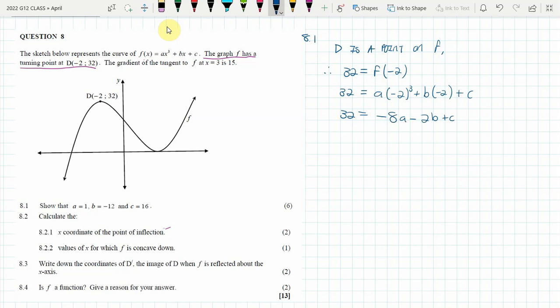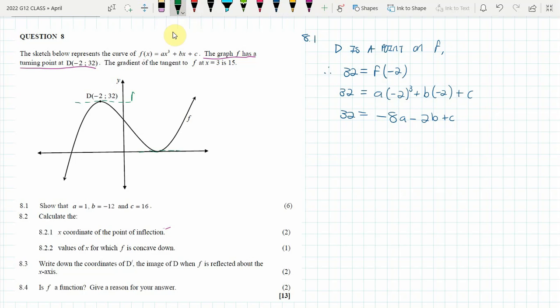We are told that D is the turning point of f. That means D is a point where the tangent to f is horizontal. The tangent to f at D is horizontal, and also the tangent to f at the other turning point is also horizontal.